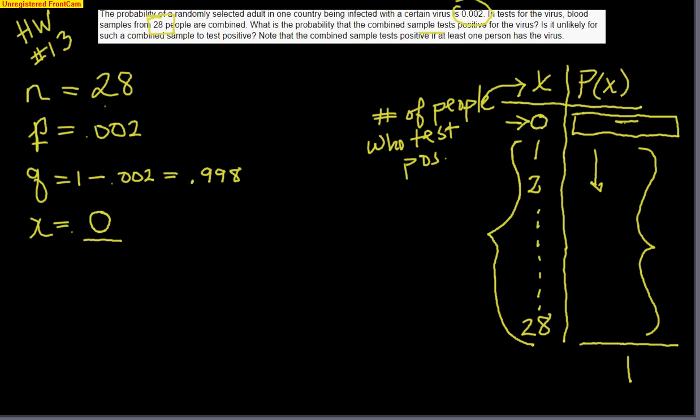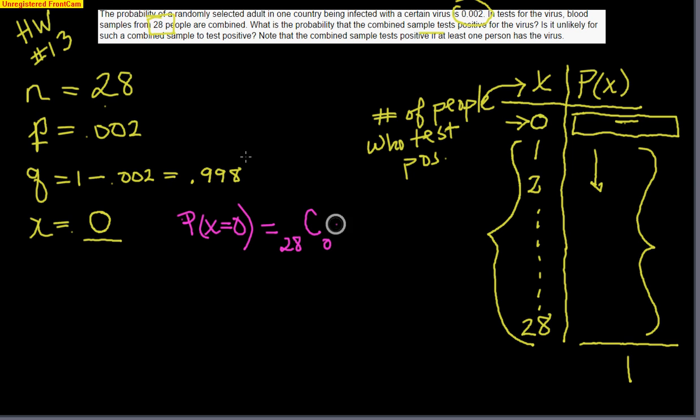So let's take a minute and do that. We will actually use technology to help us, but in the meantime, we'll at least set it up so we have an understanding of what's going on. So using the binomial formula, we know that the probability that x equals 0 is equal to n choose x. In this case, n is 28. Choose x. In this case, x is 0. We're trying to find the probability that nobody tests positive.